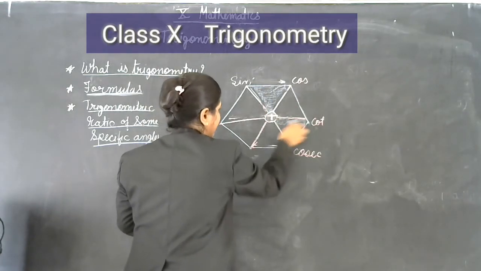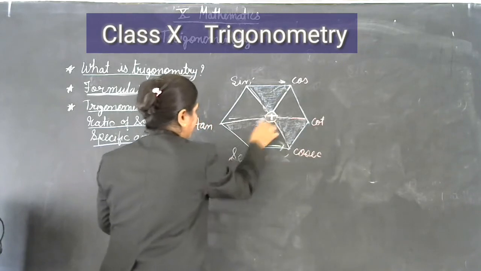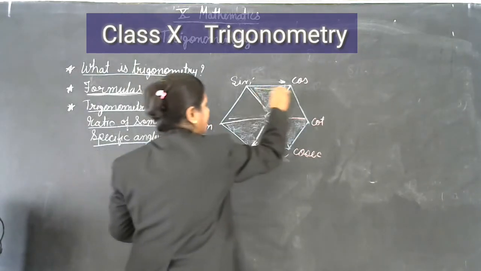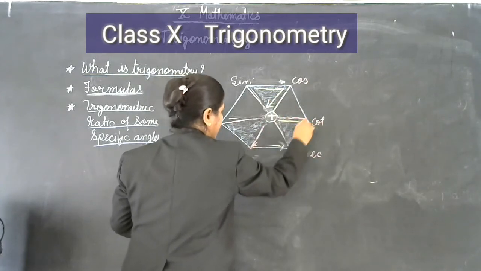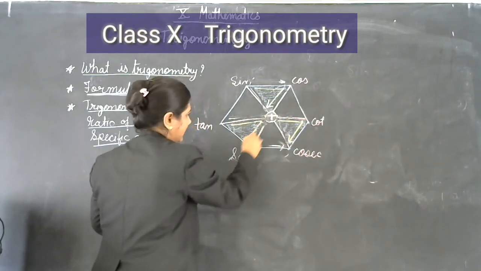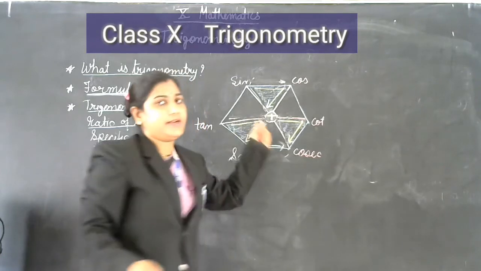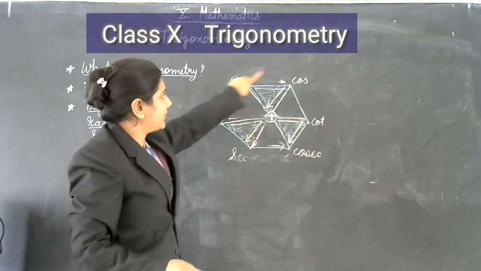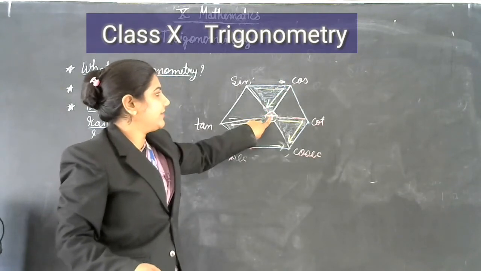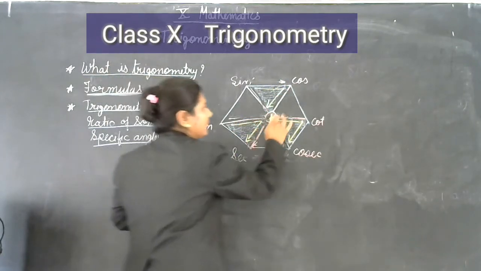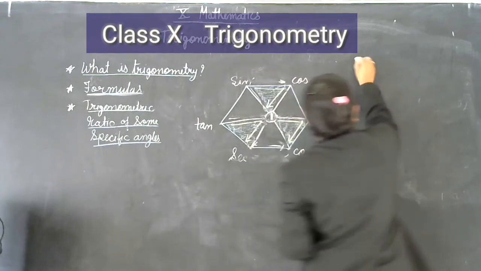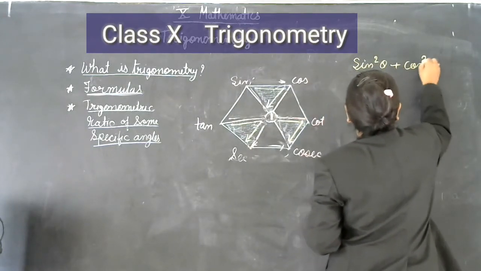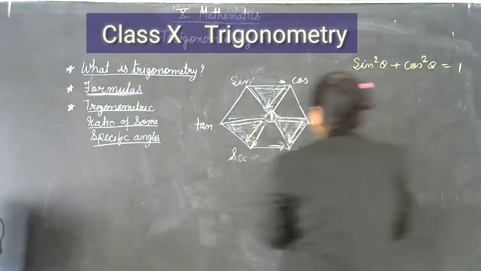If we highlight this triangle and move in the clockwise direction, likewise, then we can write the trigonometric identities. See, how sin square theta plus cos square theta equals 1.